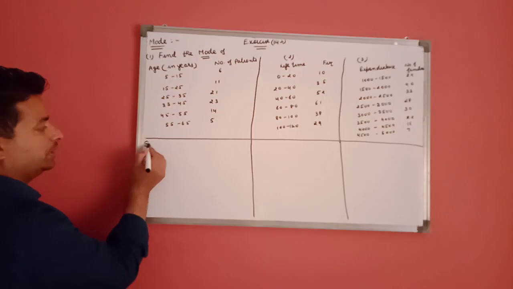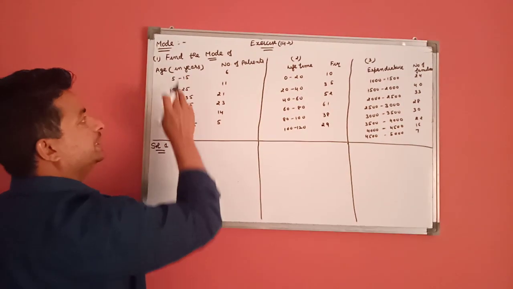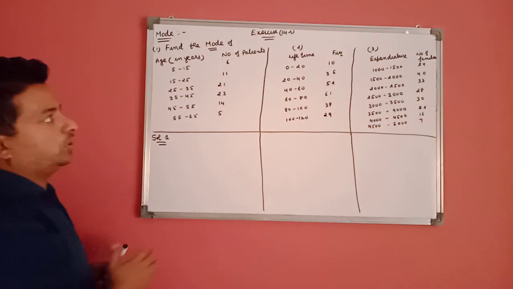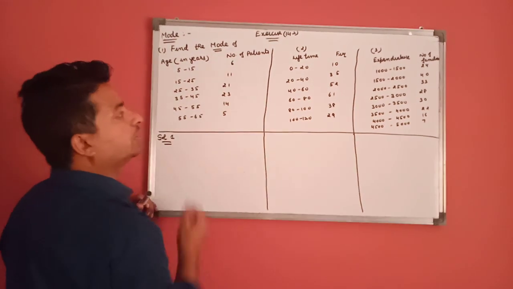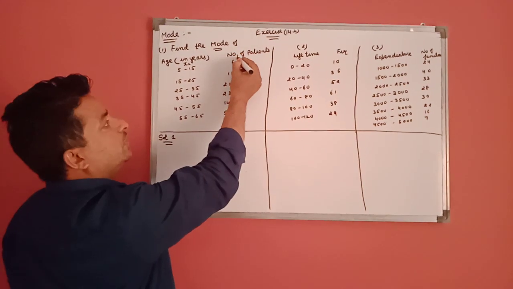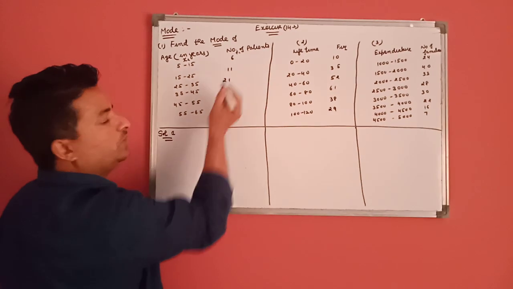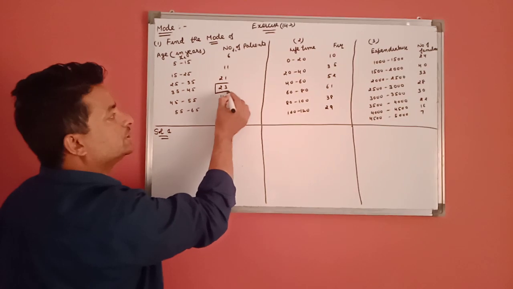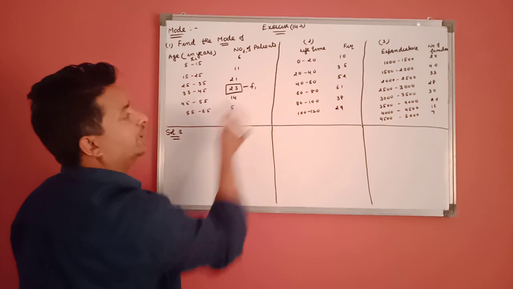For solution number 1, this is the table: this is the age in years, and these are the numbers of patients. For finding the mode, we note only the table of the number of patients. This is the table of xi, this is the table of fi. In fi, we find the largest frequency. In this table, the largest frequency is 23, which is denoted as f1.